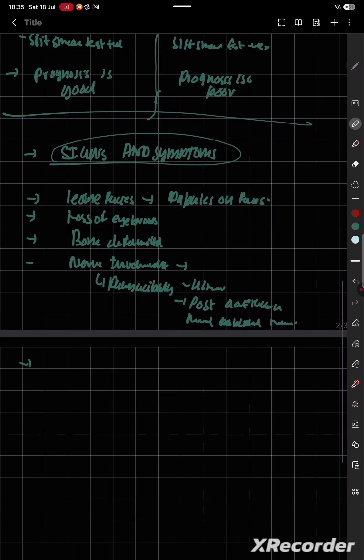Nerve involvement exists, leonine facies exists. You will see ulcers and papules, and lesions on the hand.